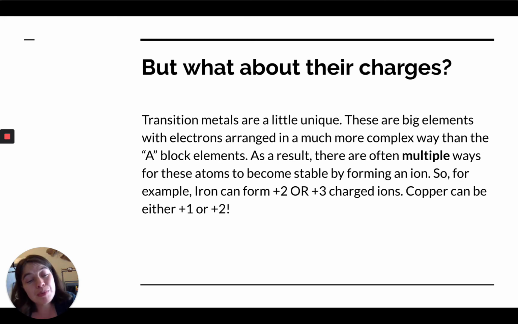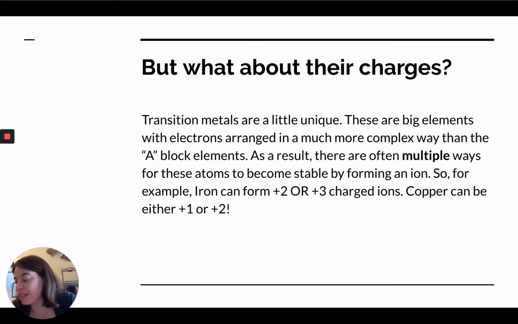But there's often more than one way that they could lose electrons and become stable. There's more than one path to becoming stable for them. And as a result, many of the transition metals can form multiple ions. So for example, if you have a sodium cation, sodium is in column 1A, every single sodium cation will have a charge of +1, always.